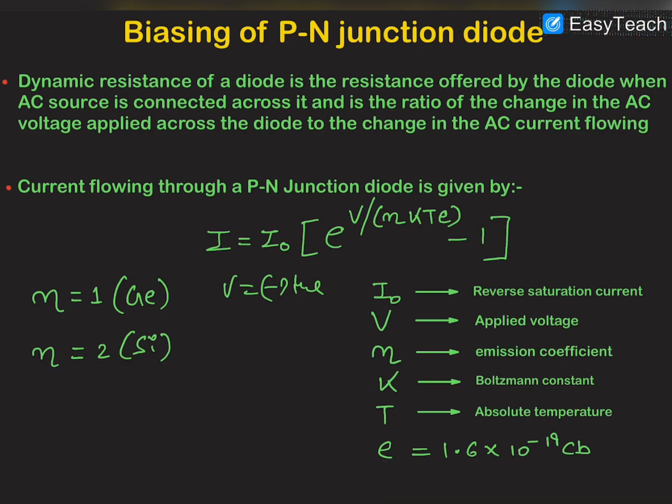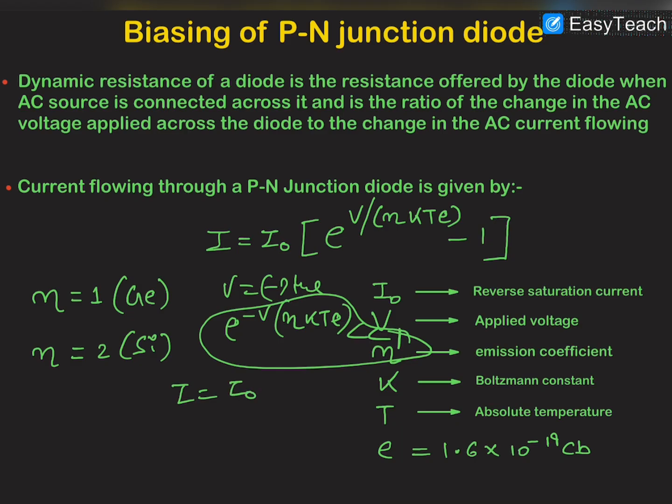So we can say that e to the power of minus V upon eta kT is very much less than 1, because V is very high. Therefore, I will be equal to minus I naught for this reverse biased PN junction diode, where I naught is the reverse saturation current. The value of the current equals the reverse saturation current, and the negative sign shows that this current flows in the opposite direction.